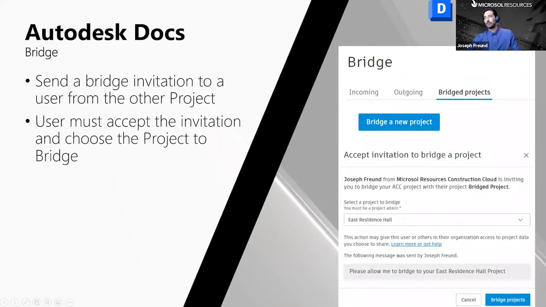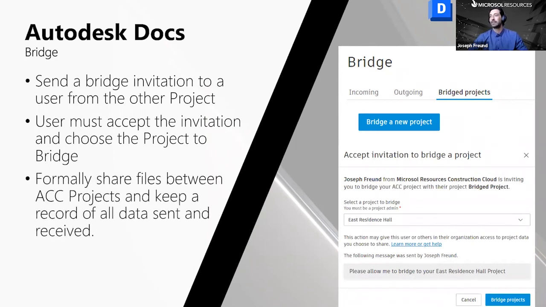And as shown there, the recipient that is receiving the request to bridge projects must accept that invitation and then choose that project to bridge. So definitely good to include a description in the request so that it's perfectly clear exactly what is being requested in that instance.